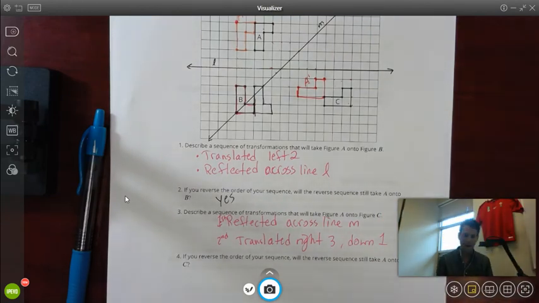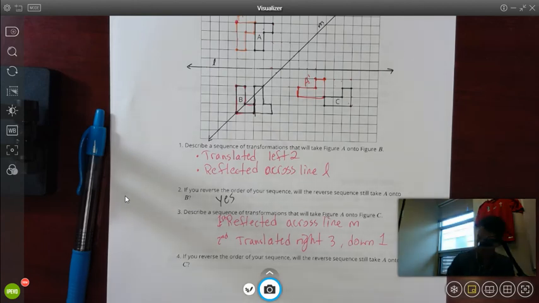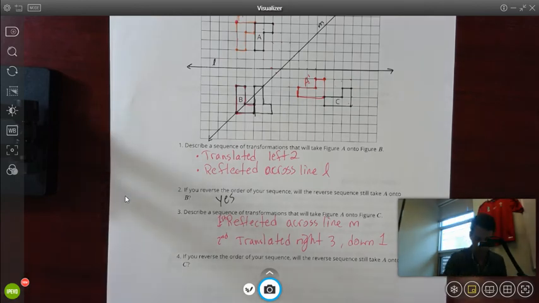So we have to figure out if I were to do the opposite of that, would this still work? We can use some different colors here that we haven't used yet. We can use our blue color.